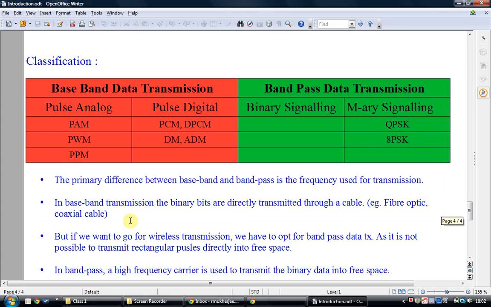Moving towards the classification of digital communications, we have two broad categories: the baseband data transmission and the bandpass data transmission. The baseband data transmission itself is divided into two parts: the pulse analog and the pulse digital.